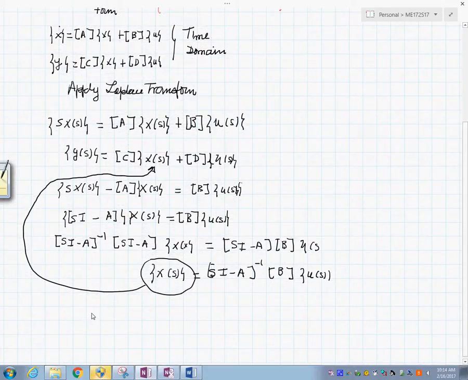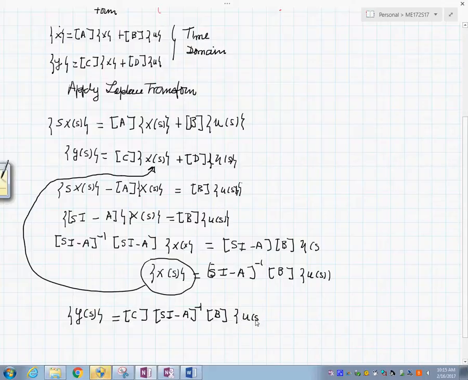You're going to get y of s. I'm just going to remember these are vectors. So this is equal to the matrix C times (sI minus A) inverse times B times the vector U of s plus D times U of s.